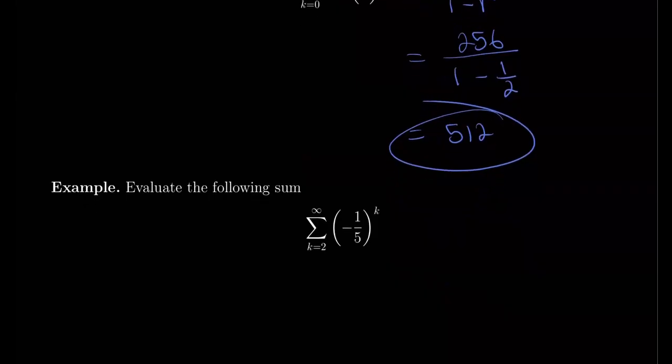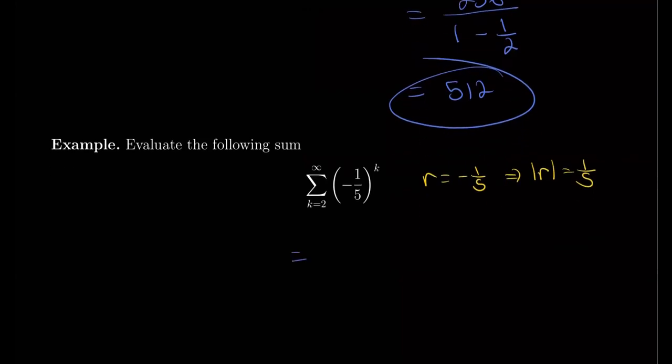Same thing for the next one. This one is a little bit trickier, but not too much. My r is -1/5, which means the absolute value of r is 1/5, which is less than 1, so it converges to a on 1 minus r. My r is -1/5. That really will have two negatives there on the denominator.